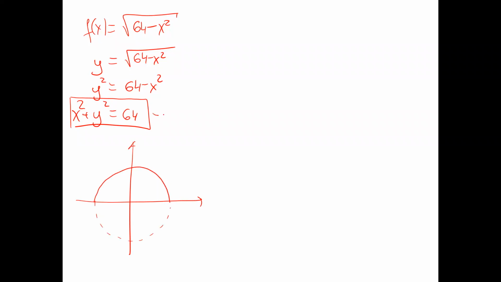If we try to solve it for y, we reverse it: subtract x squared, take the square root of both sides, and we put plus or minus. And we only have positive. This means we will only consider the positive part, the semicircle. This is because this circle has a radius 8, 64, 8 squared.